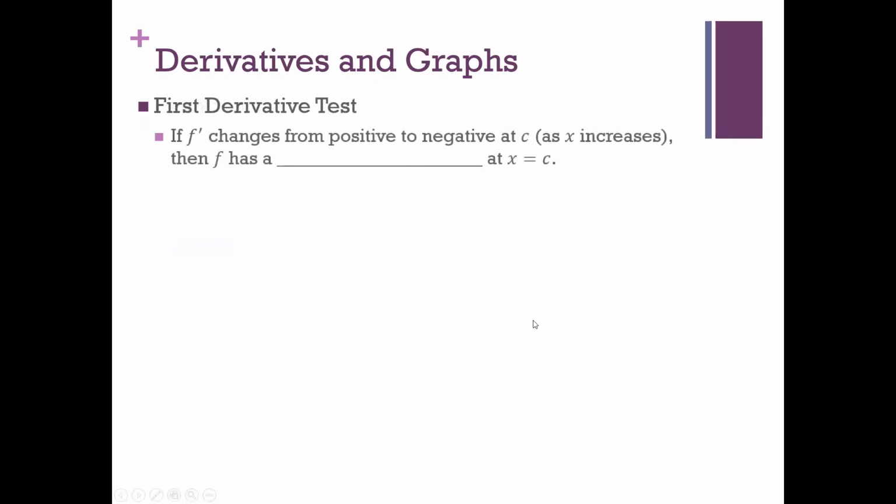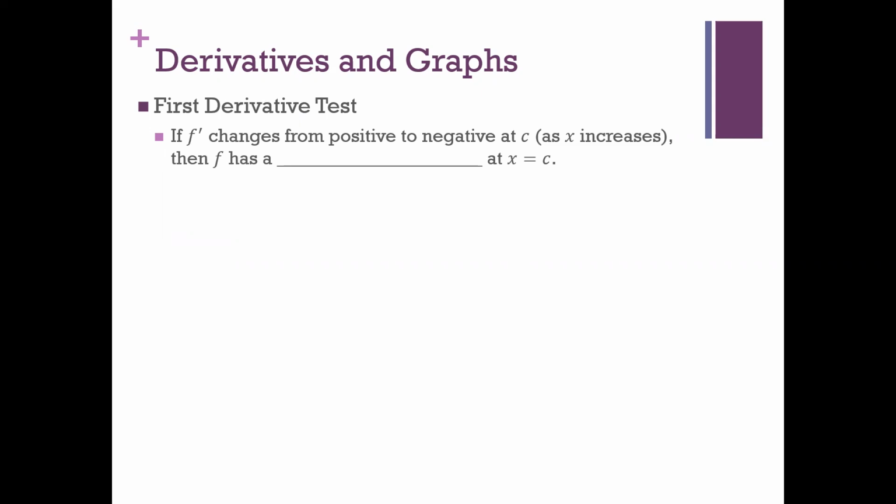And basically what we're using here is the first derivative test. We've got information about literally every real number, even though we only looked at a few. So if f prime changes from positive to negative at c, as x increases, so as you go from left to right, then what's f doing? What does f have at that point, x equals c?